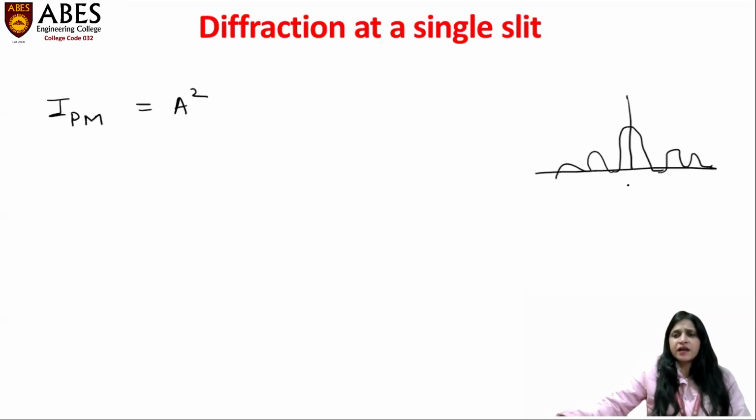It is here, and this is theta equals 0, when the light is not bending. Then we are getting the central maxima. Over here also, theoretically, we are able to prove that the central maxima is forming at theta equals 0 or alpha equals 0. So the value of intensity of principal maxima is A square. And this is very important.